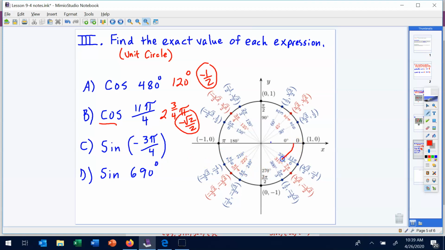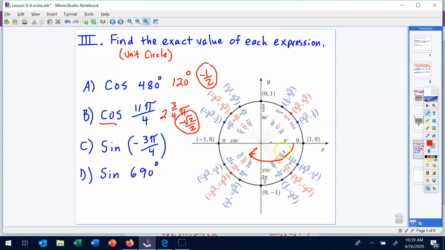Let me just illustrate what that looks like. This would be negative 3/4 pi. I'll be stopping right here. I know it says 5 pi over 4, but that's because when we typically construct it, we always do it in a positive direction. So you'll have to rethink when you go in a negative direction.